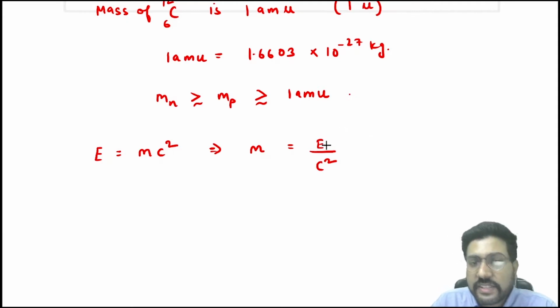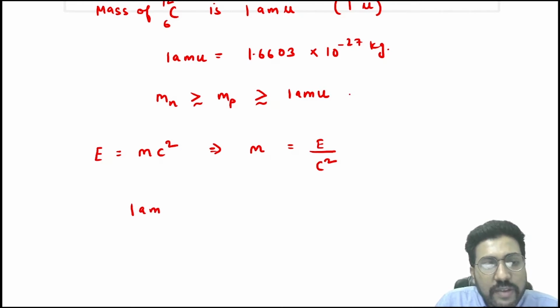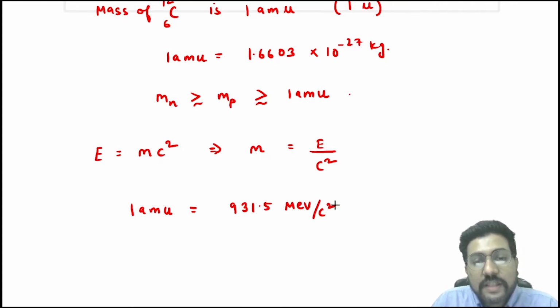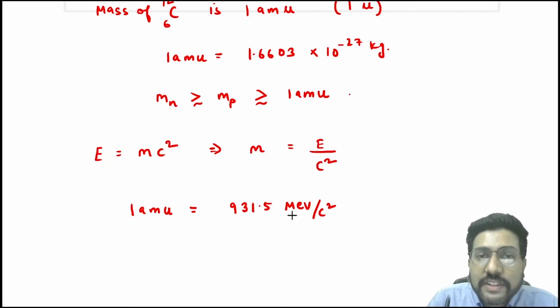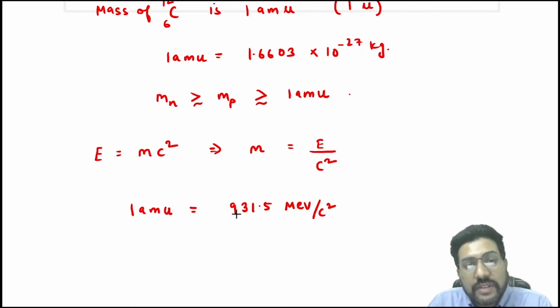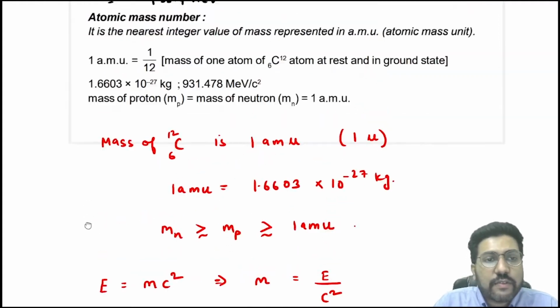So when you calculate the value of 1 AMU, you will get 931.5 MeV/c². In this chapter we will mostly use this term. One atomic mass unit represents 931.5 mega electron volt energy per c².